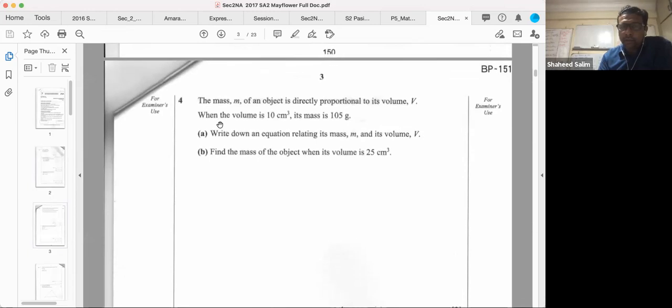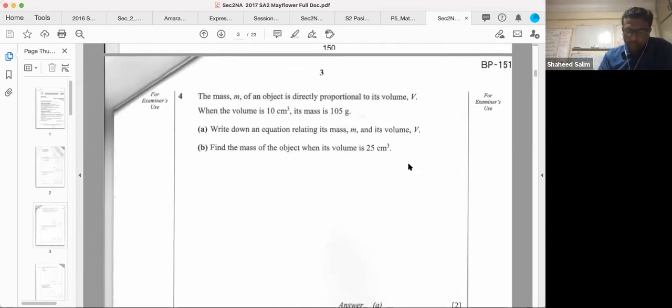Direct proportion now. You try. Remember, there is a basic formula: direct proportion is always given by this formula.